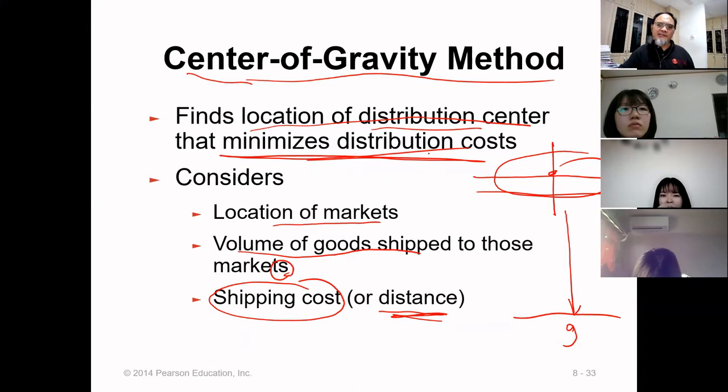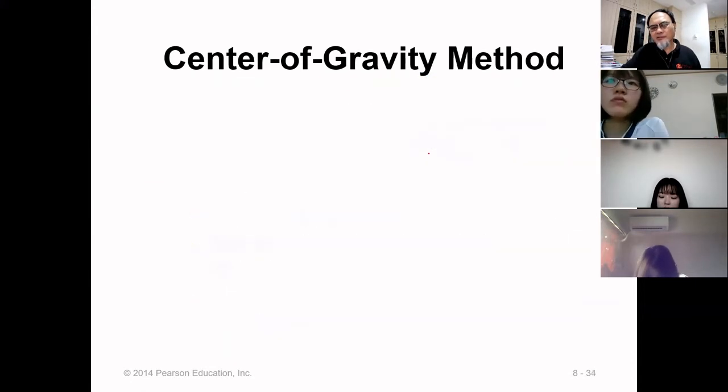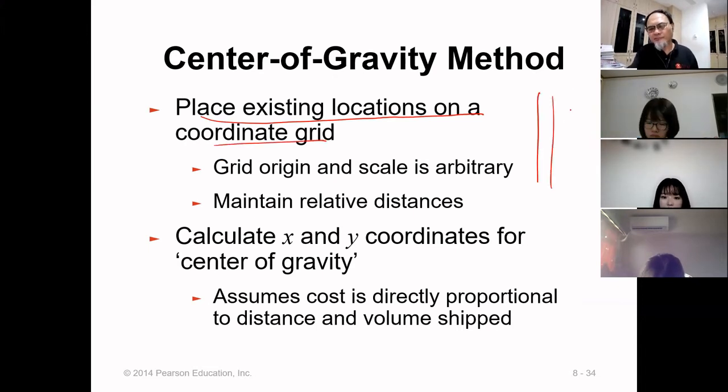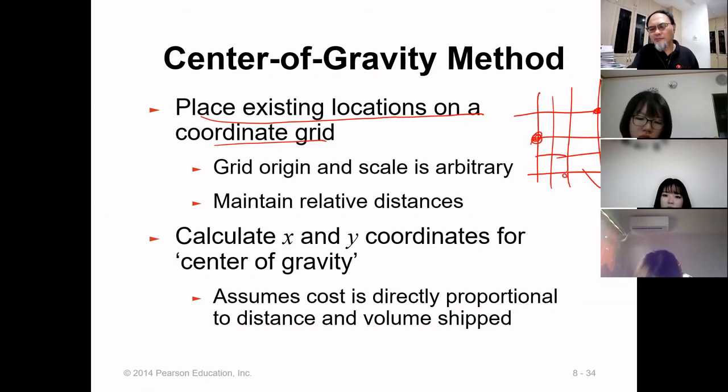And the assumption is very simplistic, because it makes the assumption that it only moves on the grid origin. Place existing locations on a coordinate grid. So it is actually a coordinate. Existing facilities are here, for example.